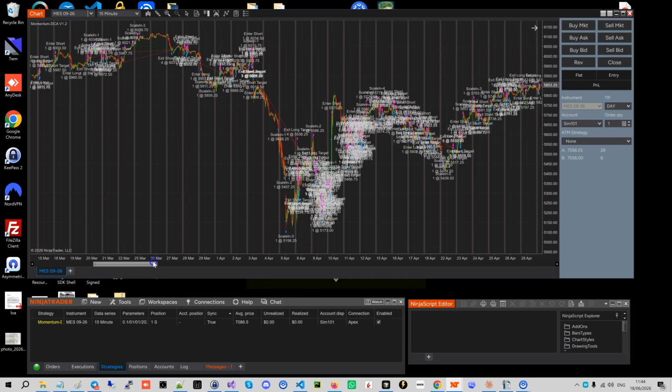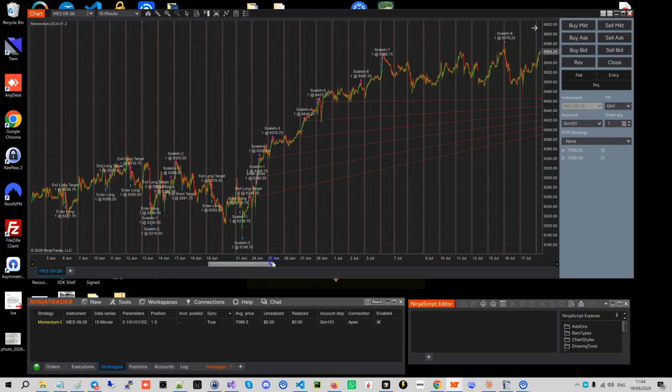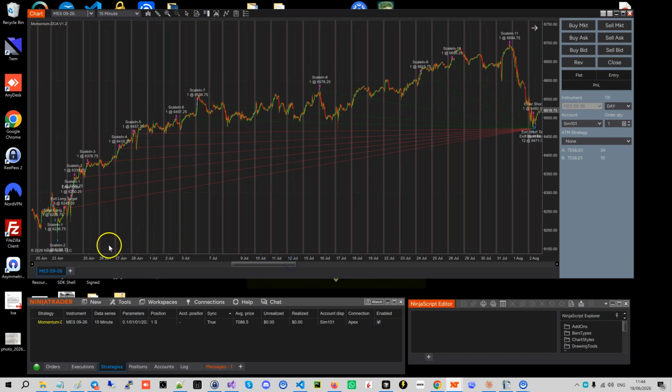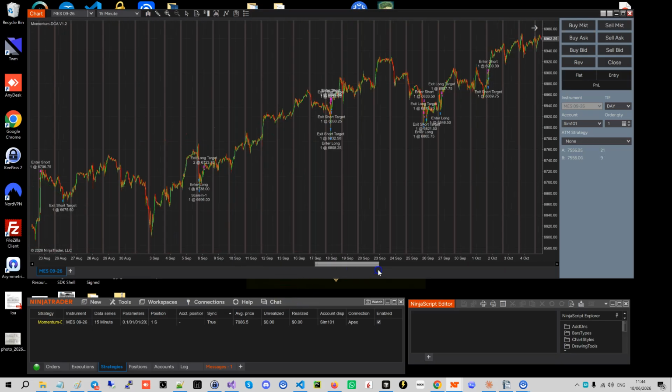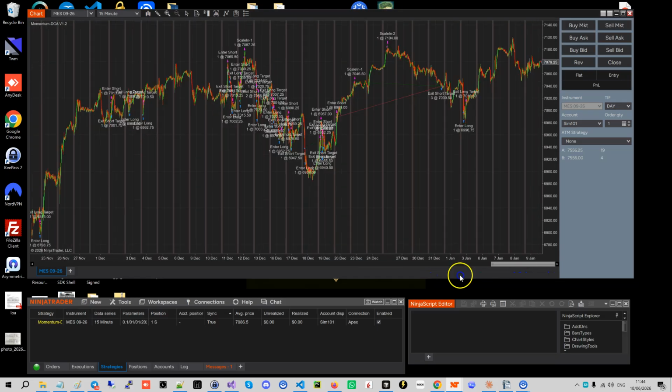So start trading. Ooh, look at this. Scaling. So the target here was moving until on scaling 11, it finally made it. That was probably the worst part.